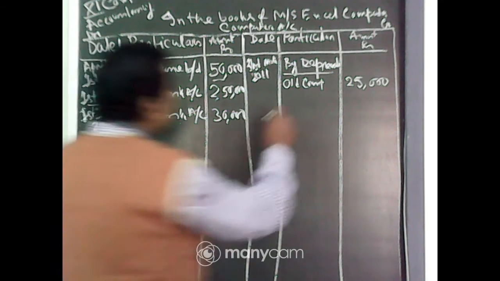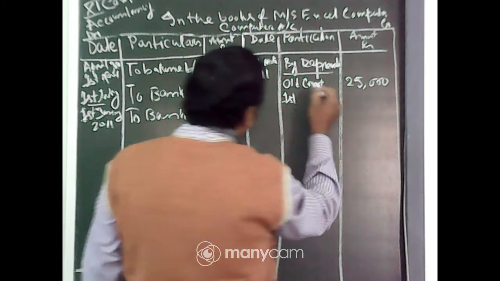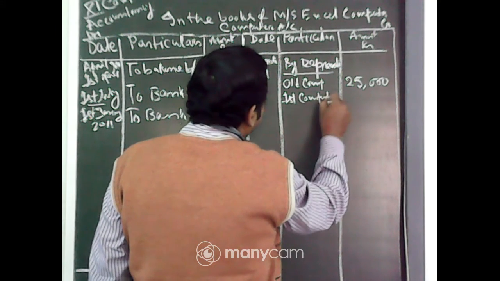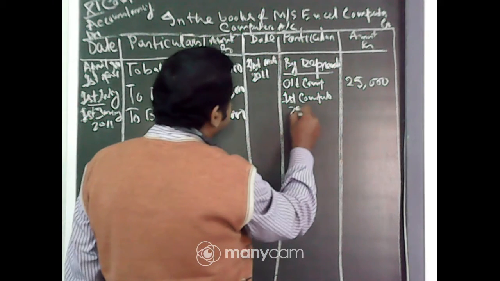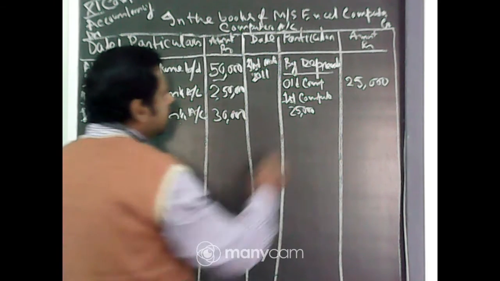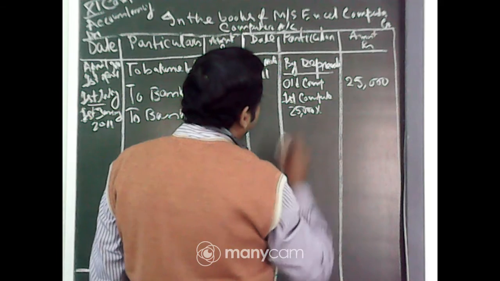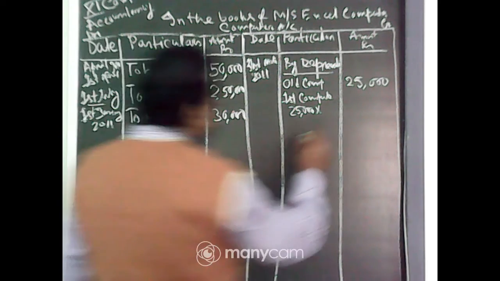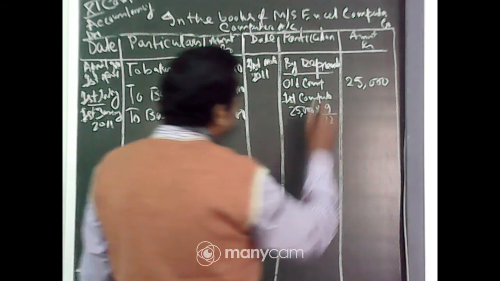Okay. Now, here you just write to remember, that is first computer. What will be the depreciation? 25,000, that is 2,50,000, 10% means 25,000. We will first reveal what is the 1 month depreciation, that is divided by 12, and then multiply by how many months it is used, that is 9 months.